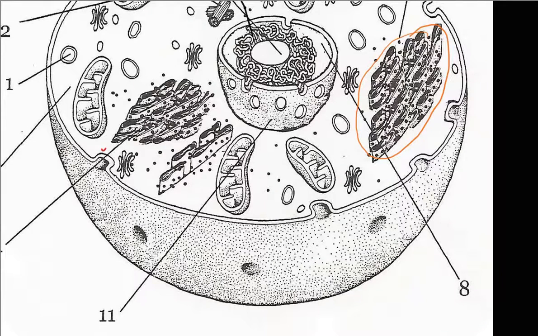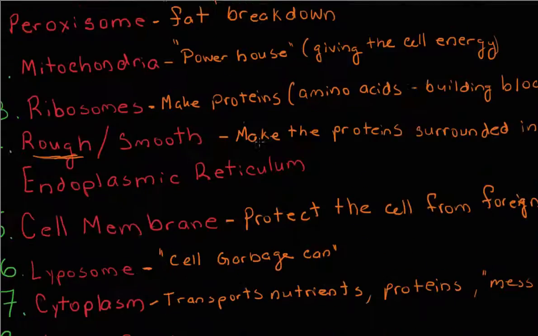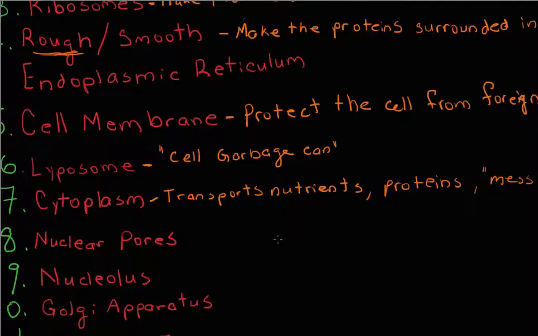Number 11 is the nuclear envelope, which I'll be talking about pretty soon. But number 8 and number 11 do pretty similar jobs like the cell membrane, where they are for protection. So I will also write protection here for number 8 and number 11.